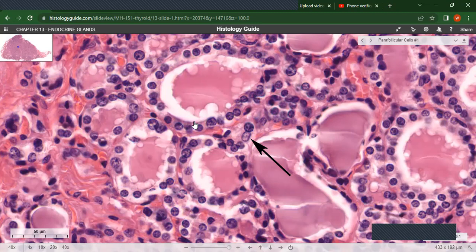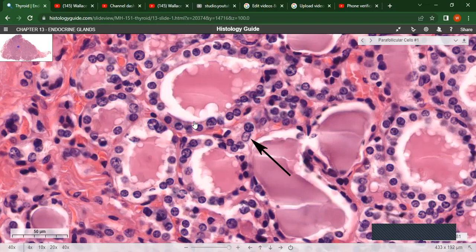Remember, the thyroid gland is acted upon by thyroid stimulating hormone, which is produced by the thyrotrophs of the adenohypophysis. Adenohypophysis is what people commonly call the anterior pituitary lobe.